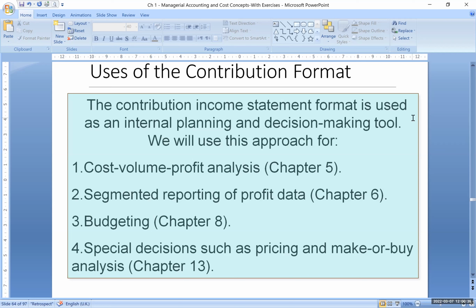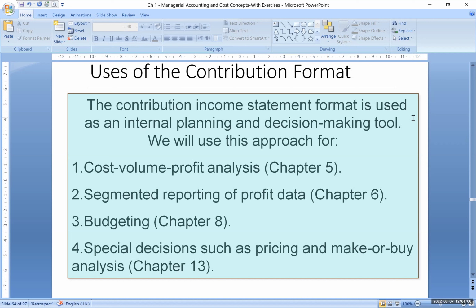The contribution income statement format is used as an internal planning and decision-making tool. We will use this approach for chapter 5, as I say, cost volume profit analysis. For chapter 6, segmented reporting of profit data, out of our syllabus. The budgeting is important also, and it is in our syllabus.